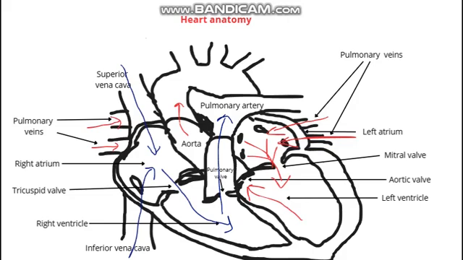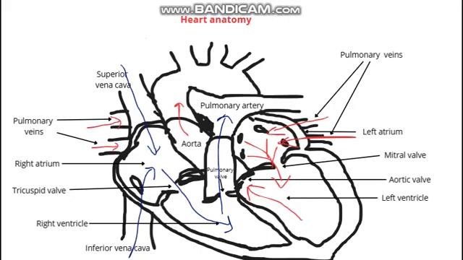The blood flow through the heart is the following one. Poor oxygen blood is brought by the superior vena cava and inferior vena cava here in the right atrium. During diastole, the heart relaxation, this blood is filling the right ventricle, right here.